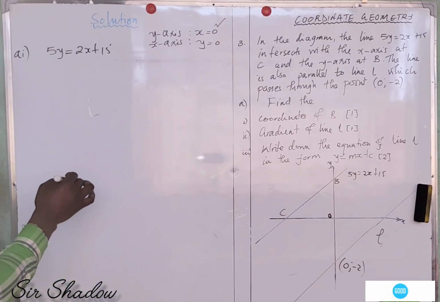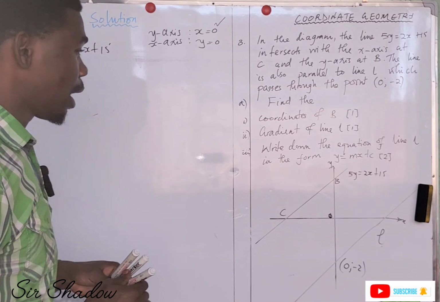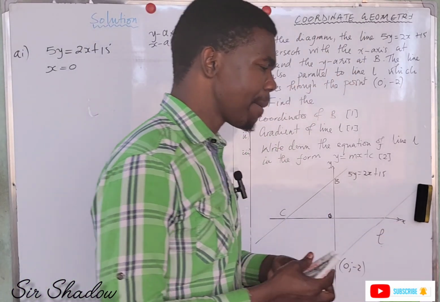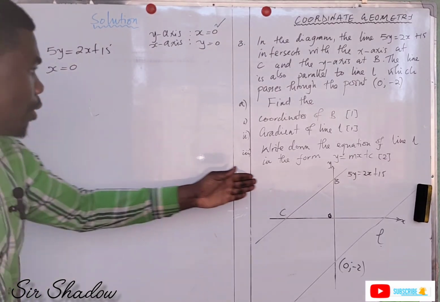So the first coordinate you have is x equals 0. Let's find the y coordinate. How best can we find the y coordinate? Remember, for us to find the y coordinate, it's where the line x is equal to 0, which is here.